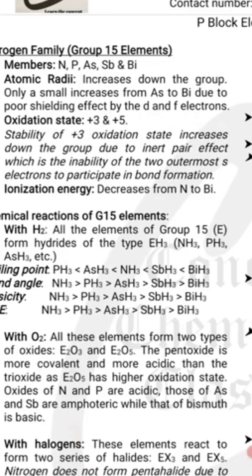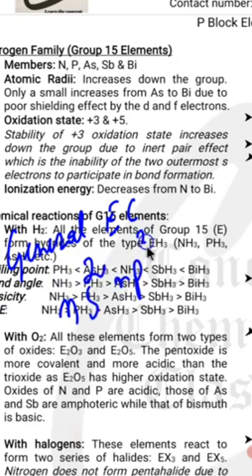Okay, now let us discuss oxidation state. Before oxidation state, let me write the general electronic configuration of group 15 elements. Group 15 elements have the general electronic configuration ns2 np3.